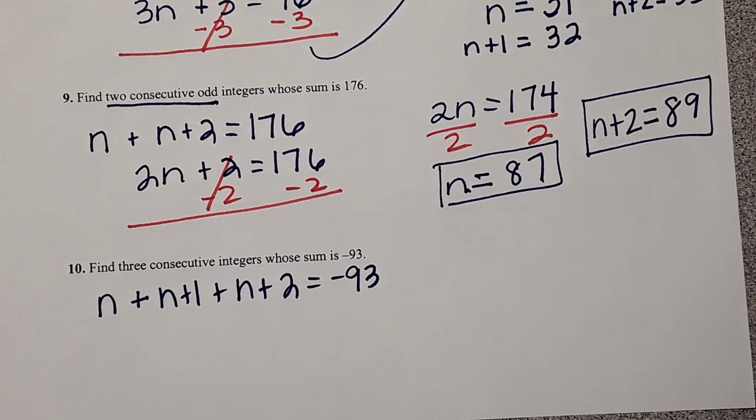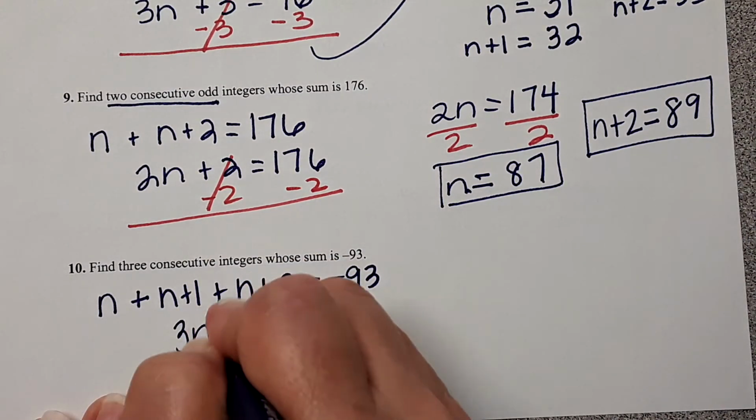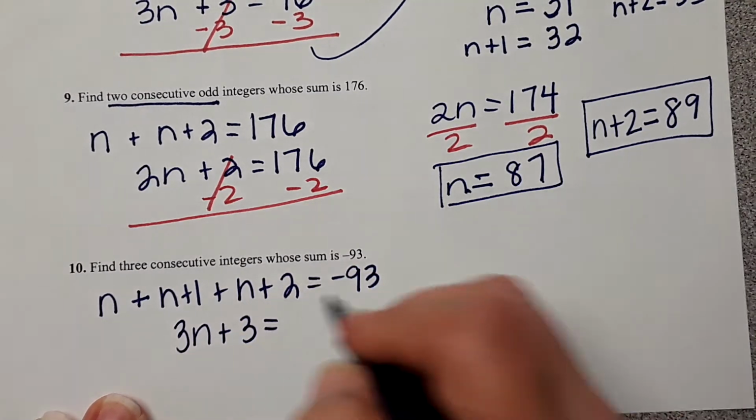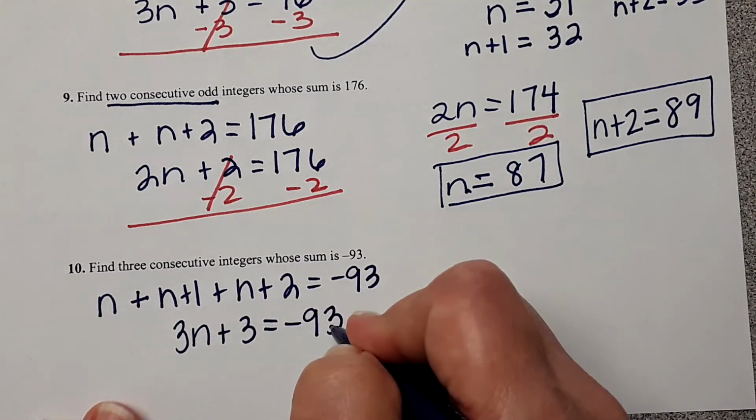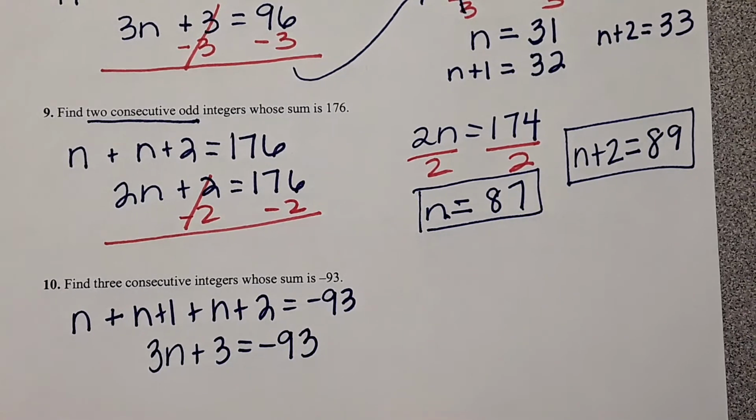Now we're going to combine our n's, which we get 3n plus 3 equals negative 93. If you look at example 8, you guys, it looks very similar to number 10, except for the answer. Okay, now what do I do? Subtract 3.